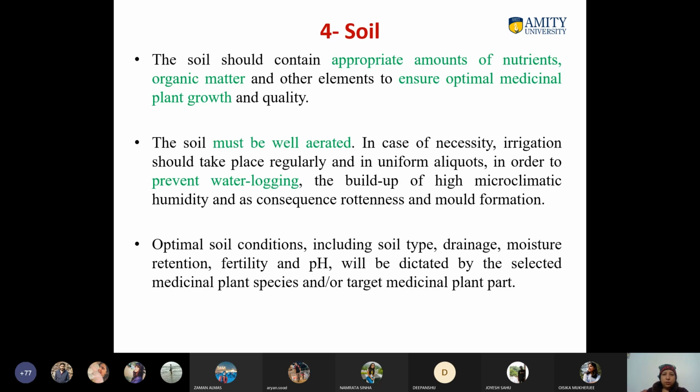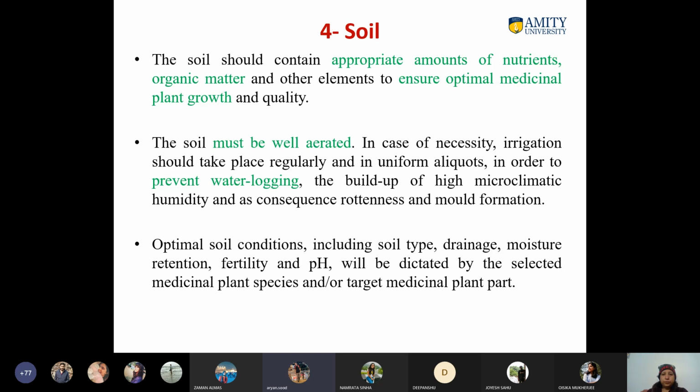Okay, you continue, Aryan. This also soil. The soil should contain appropriate amount of nutrients, organic matter, and other elements to ensure optimal medicinal plant growth and quality. The soil must be well aerated.